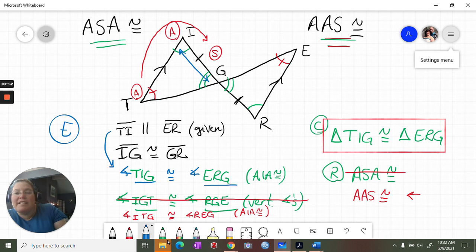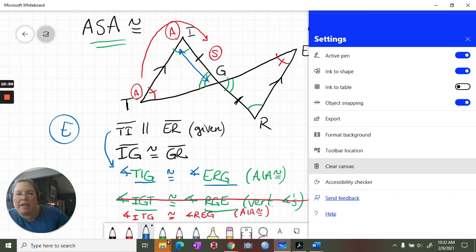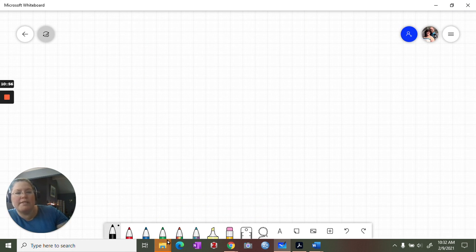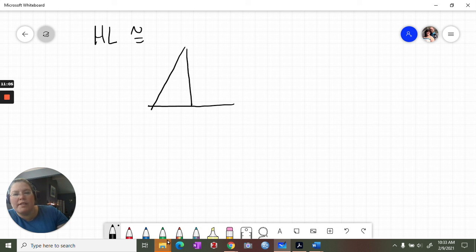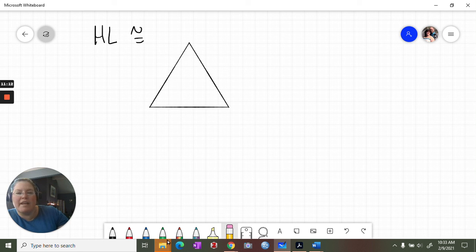Our last scenario is hypotenuse leg. And this is the one we use only for right triangles. So let's say I have some right triangles here. Let me move that line, see if I can get this to line up better. Something like that.